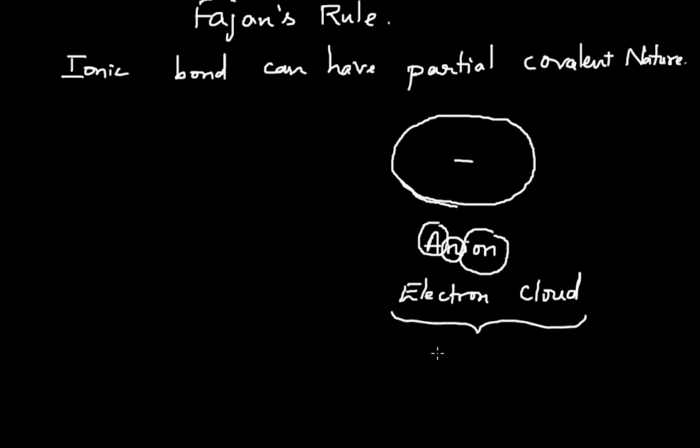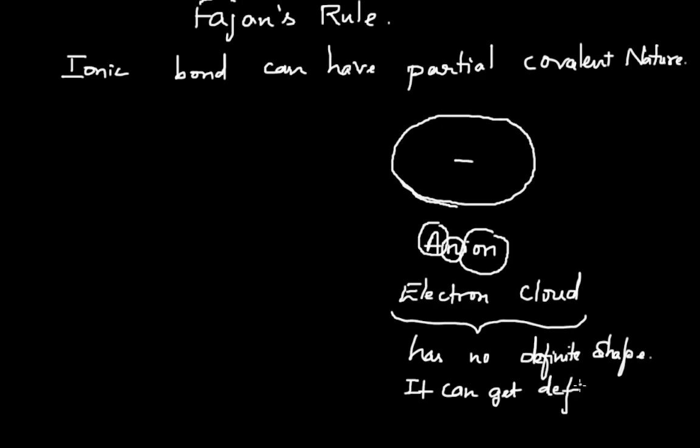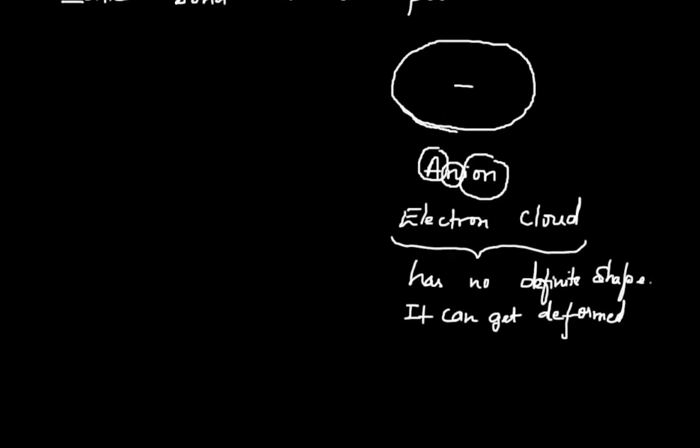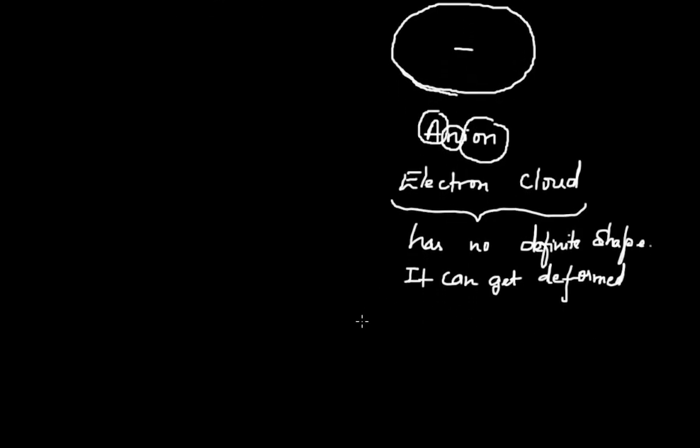It has no definite shape. So if it has no definite shape, it can get deformed. The ability of an anion to have its electronic cloud deformed is called polarizability.